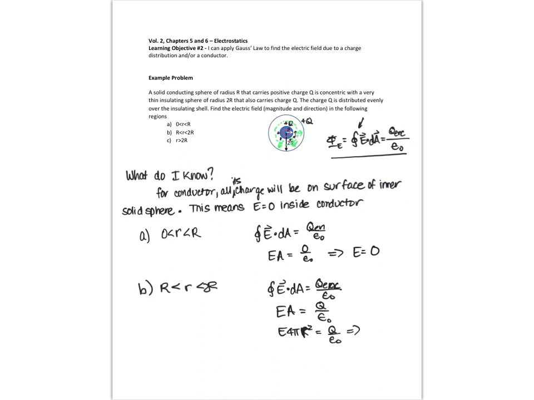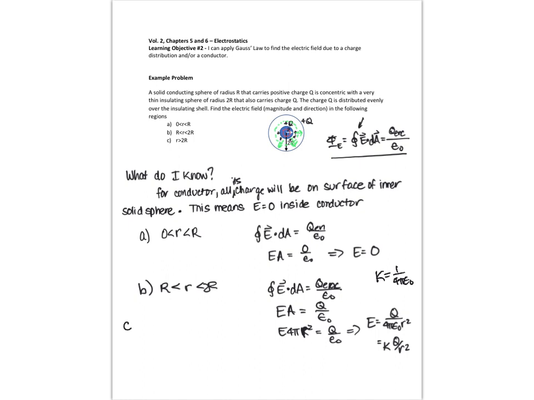So this will change to E equals Q over 4 pi epsilon naught little r squared, which could also be written as KQ over r squared, because remember K is equal to 1 over 4 pi epsilon naught. So what happens is, in this region between the conducting sphere and the insulating sphere, my electric field looks like my charge on my conductor would be a point charge at the very center of the blue sphere. That's what the electric field is going to look like in between the two spheres.